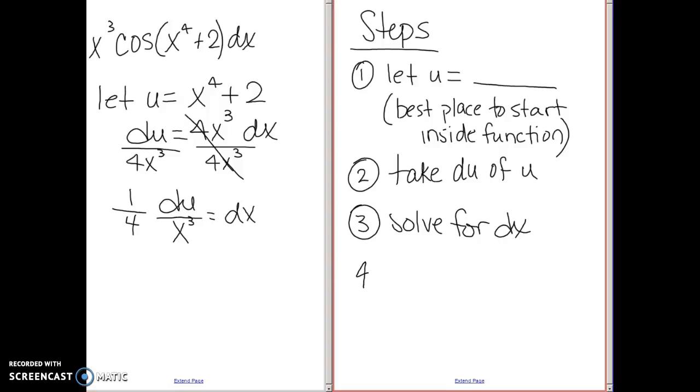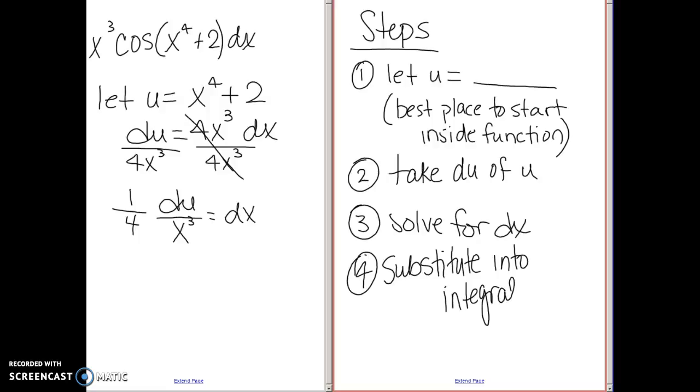Substitute into my integral. All right, so my integral had an x cubed, it had a cosine, and then it had an x to the 4th plus 2, so that's where my u is going.